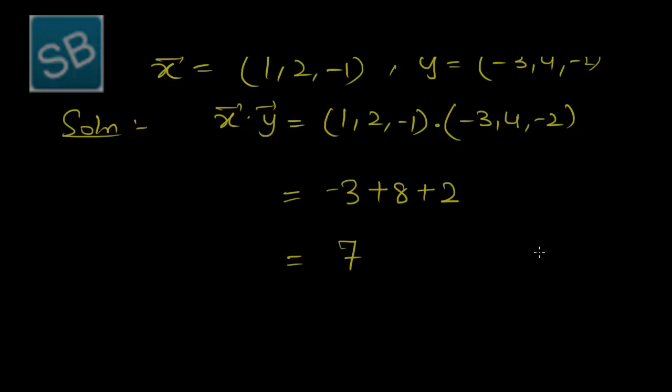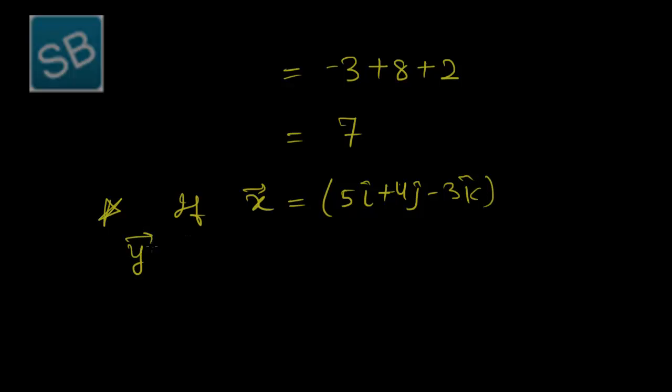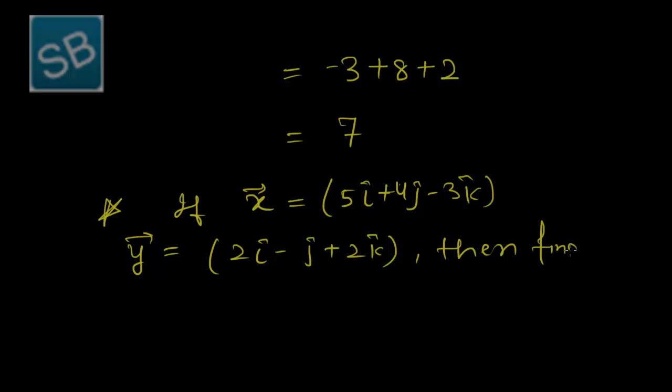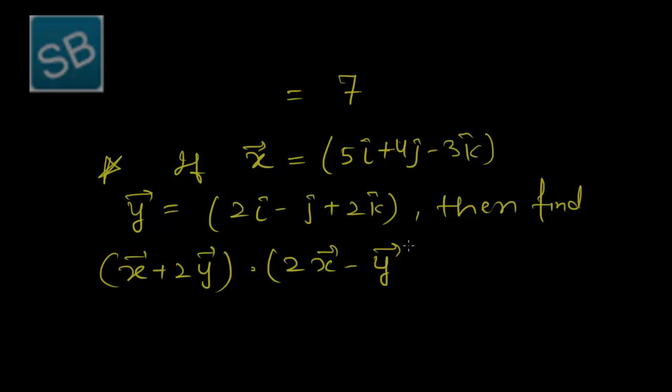So the next one is, if vector x is equal to 5i plus 4j minus 3k and vector y is equal to 2i minus j plus 2k, then find vector x plus 2 times vector y dot 2 times vector x minus vector y.